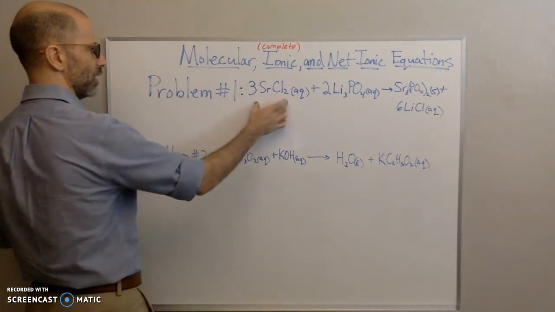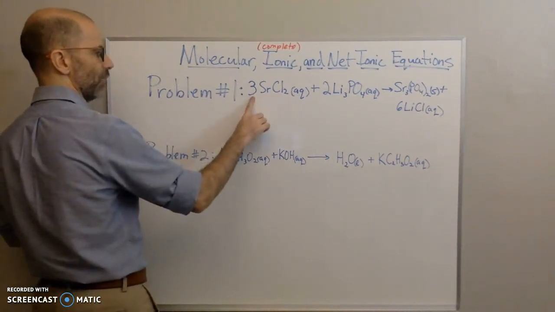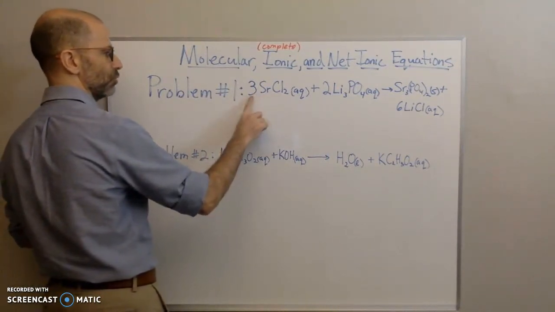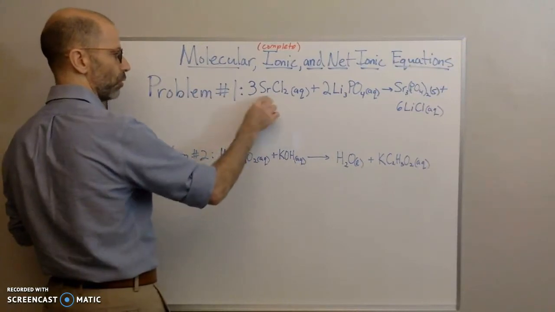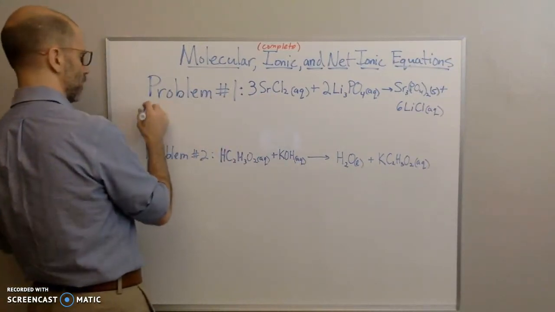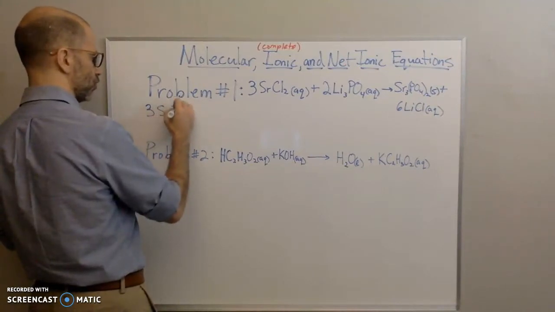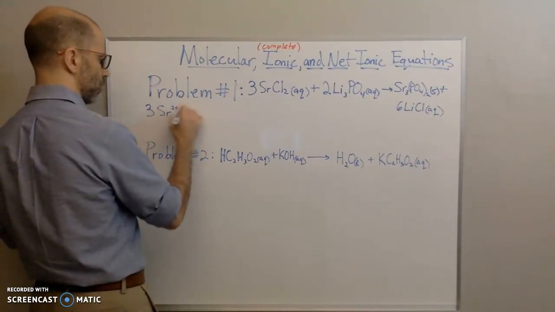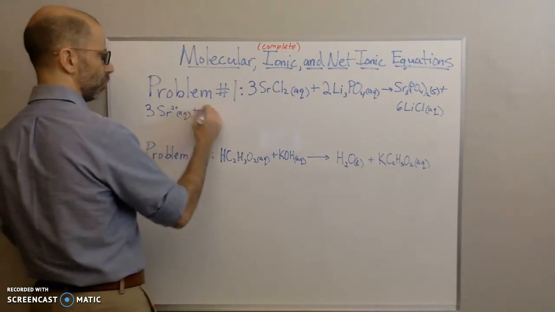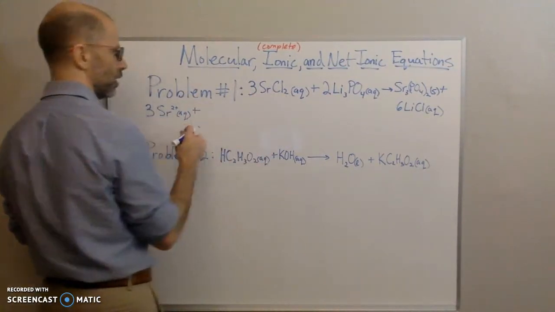So let's start here. If you have a coefficient, that's going to carry over to both ions. So that 3 is going to be 3Sr 2+ aqueous, and then plus, and then you're going to have 3.